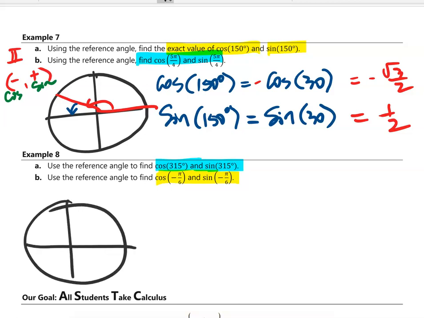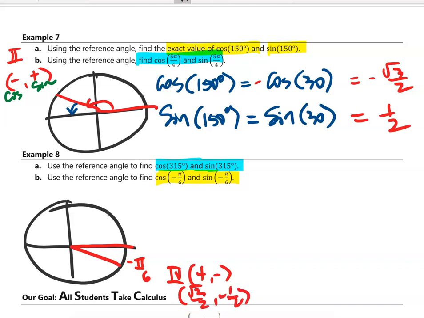Sketch a unit circle. Here, where is negative pi over 6? So this is negative pi over 6, and this is in quadrant 4, meaning you have positive and negative, and here you have square root of 3 over 2 and negative 1/2.